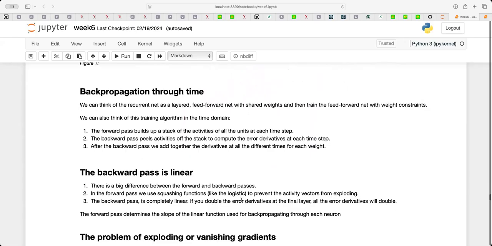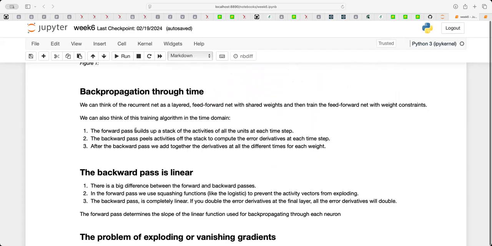And then you have the backpropagation through time. So you can think of the recurrent network as a layered feed-forward net with shared weights, and then train the feed-forward net with weight constraints. So you can also think of this training algorithm in a time domain, which is often very easy to do.